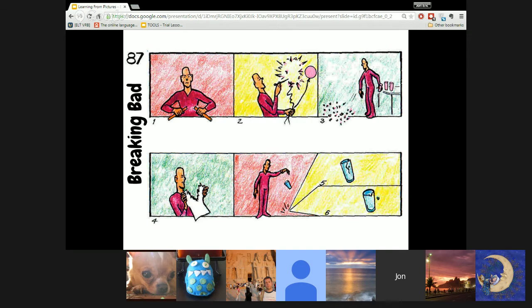Either one or both. I don't know. What's the man doing in picture 5 and 6? Trying to break the glass. He is trying to break, he said? Yes. Trying to break.